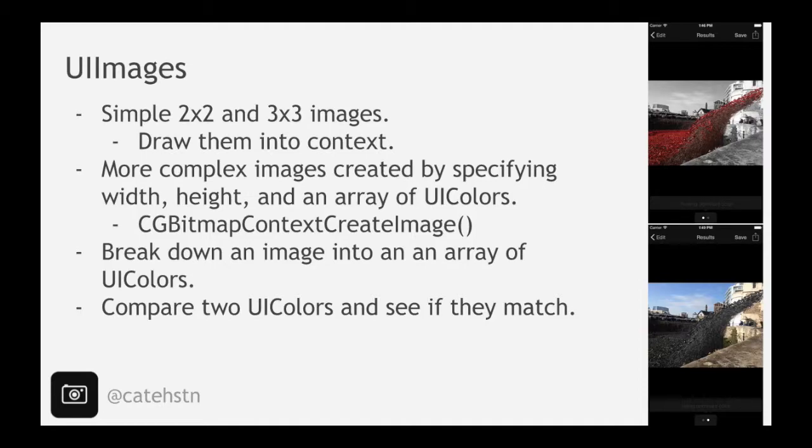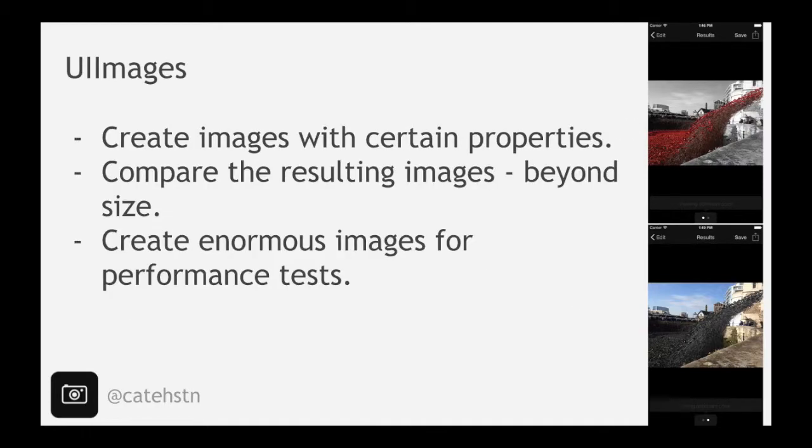Super useful. And then the inverse of that is to take an image and break it down into an array of UIColors, and then to compare two UIColors and see if they're the same. If their RGBA values are the same, I consider them to be the same color. So what does this mean?